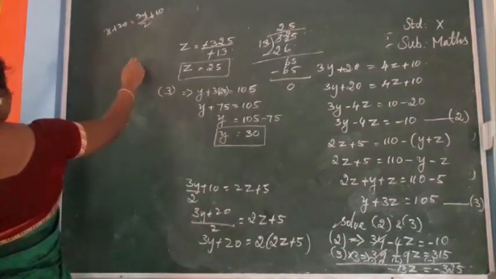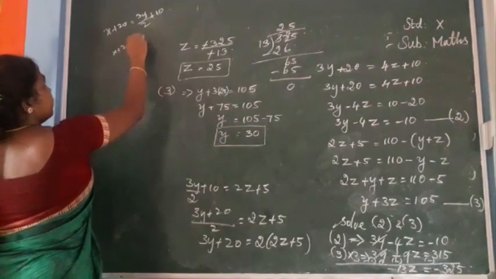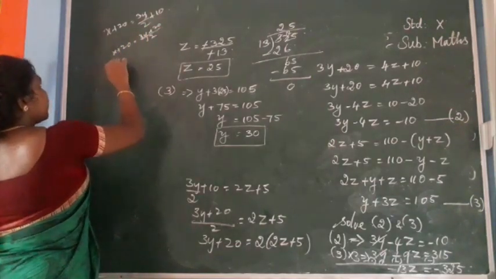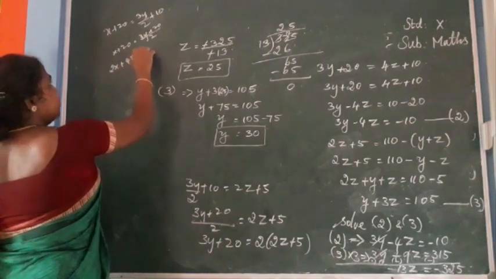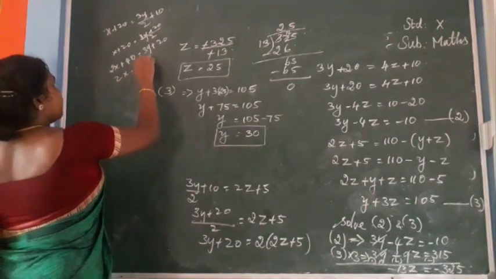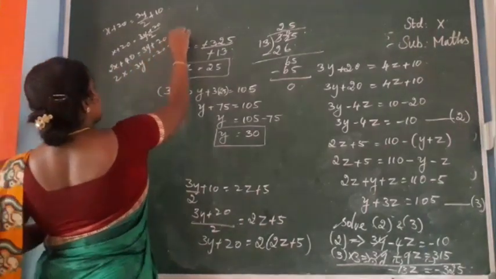So x plus 10 equal to (3y plus 20) by 2. So 2x plus 20 equal to 3y plus 20. So 2x minus 3y equal to minus 20. Okay, this is the first equation.